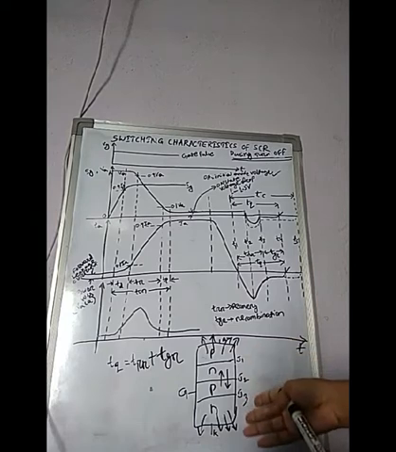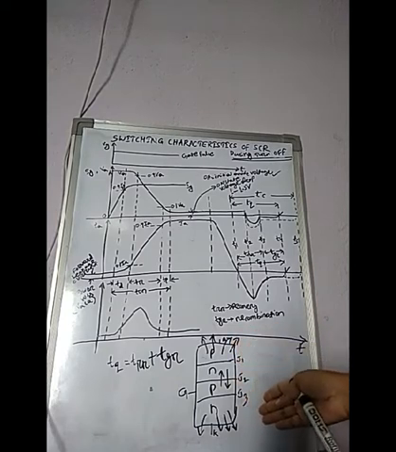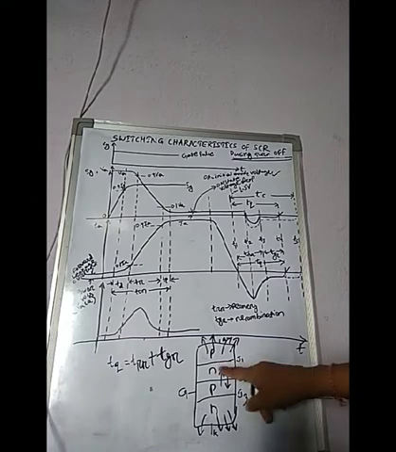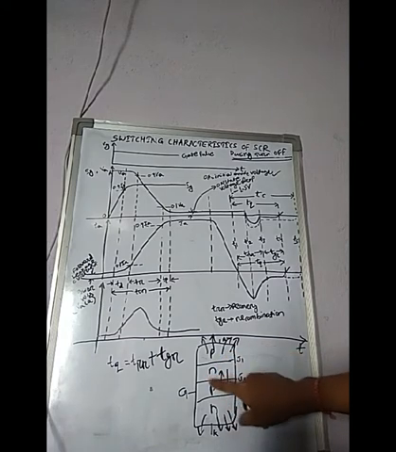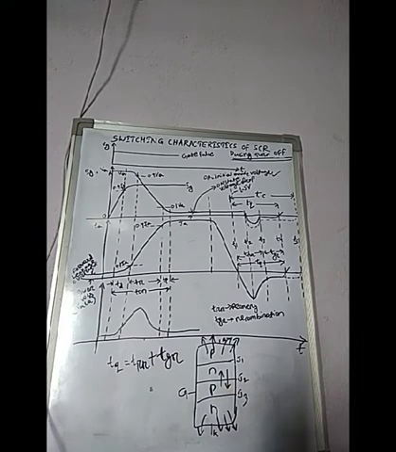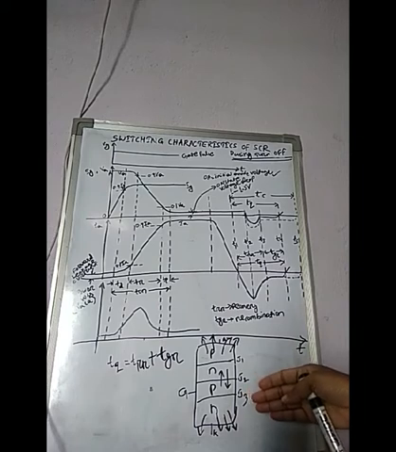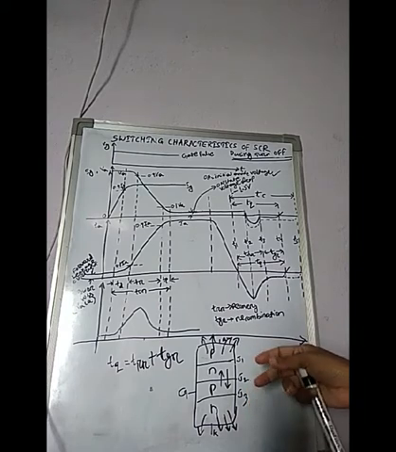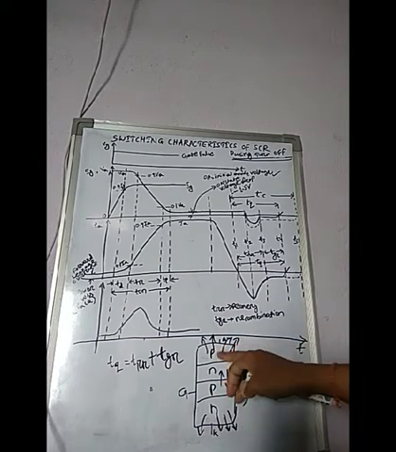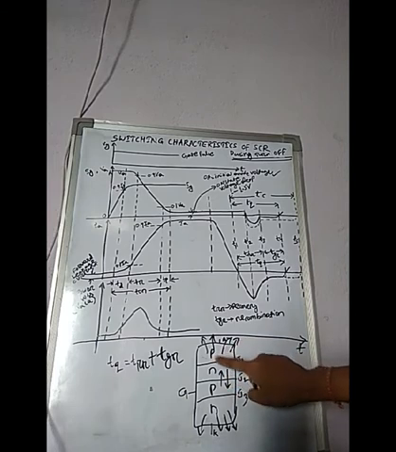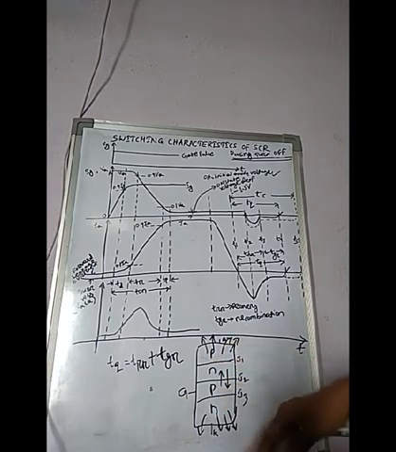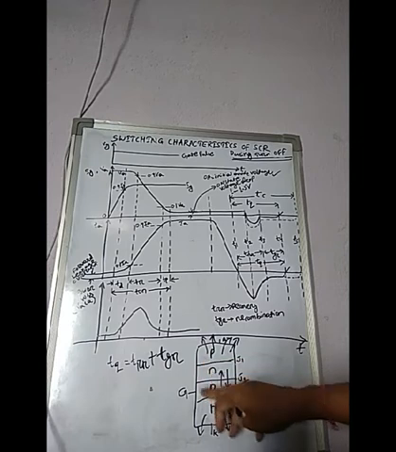The trapped charges around J2 are in the inner two layers, the inner N layer and the inner P layer. From the outer regions the charge carriers are removed, but the charge carriers are still present in these inner two layers.